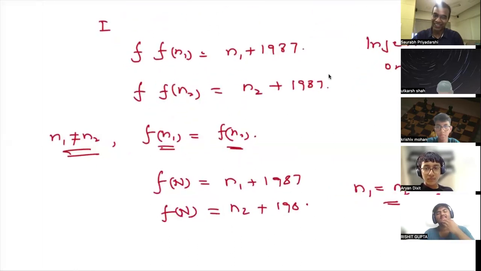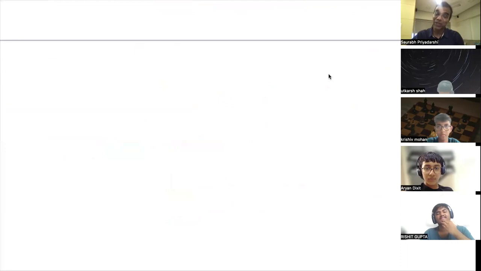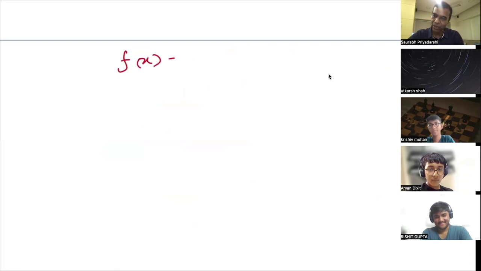Very good. But any of this value will not give you a one-to-one function. So from this observation, we have found that f of x is equal to x plus c.